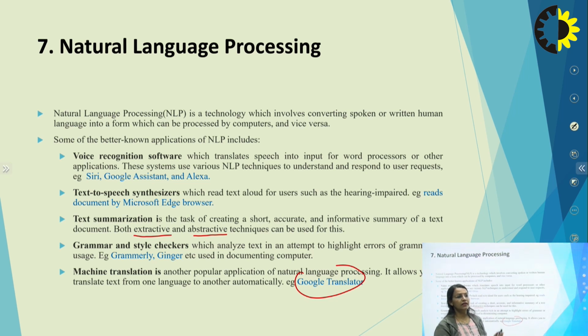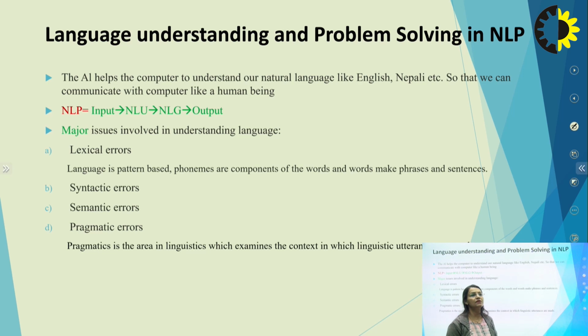After listening to all these applications, I'm going to discuss what NLP actually is. Basically, AI helps the computer to understand natural language like English, Hindi or Nepali. In that case we need to communicate with the computer like a human being. When I am talking to a human, the human can easily understand the language of the other human and also sense the feeling, the motive and the aim of speaking.